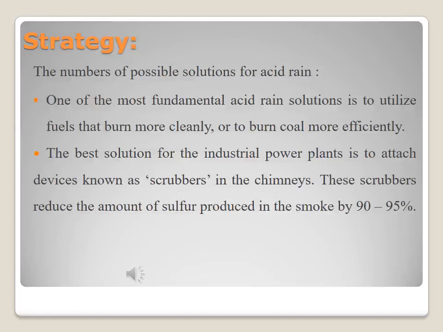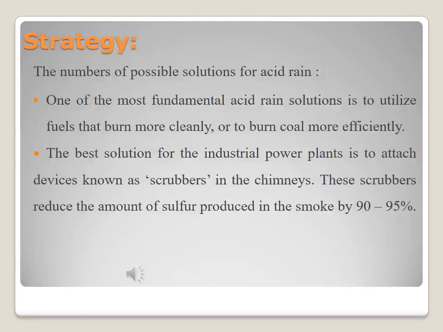So there are a number of possible solutions for acid rain. One of the most fundamental acid rain solutions is to utilize fuels that burn more cleanly or to burn more efficiently. The best solution for the industrial power plants is to attach devices known as scrubbers in the chimneys.